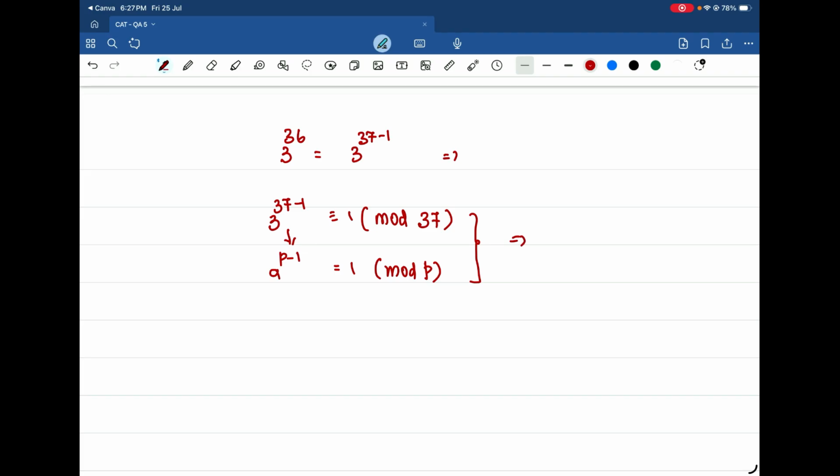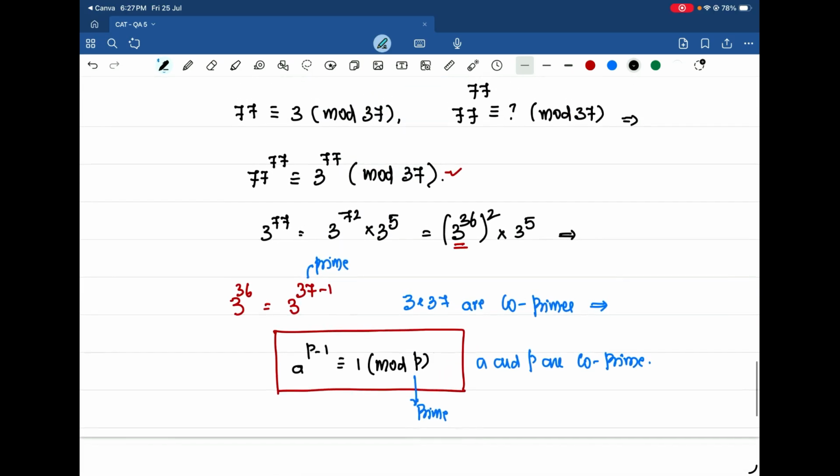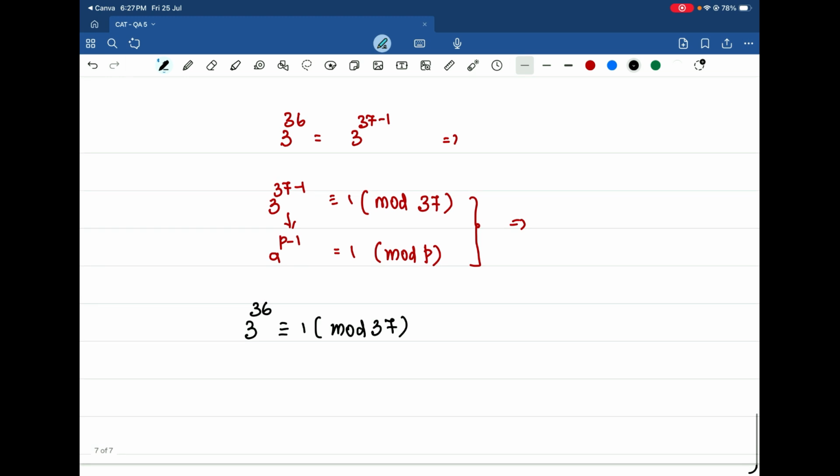This implies the rule is 3 to the power of 37 minus 1, that is 3 to the power of 36, is 1 mod 37. Therefore, 3 to the power of 36 whole square is equivalent to 1 whole square mod 37.